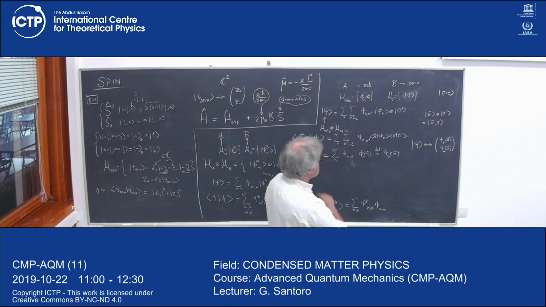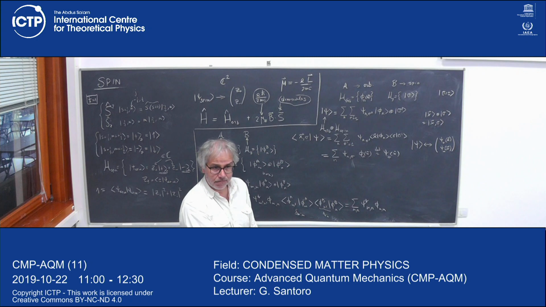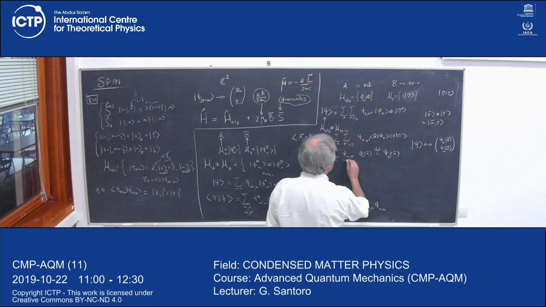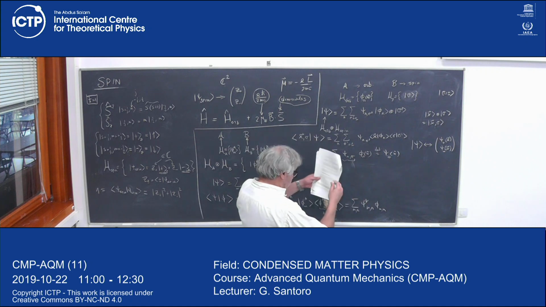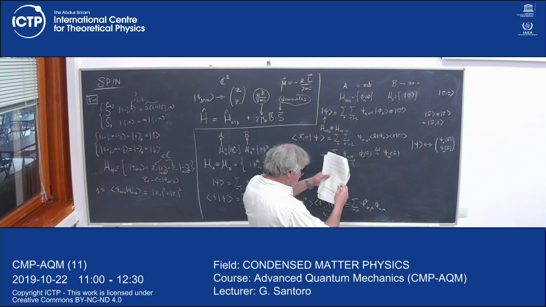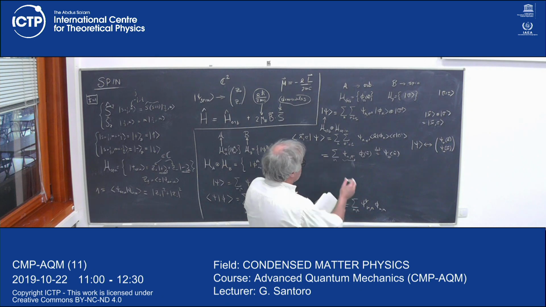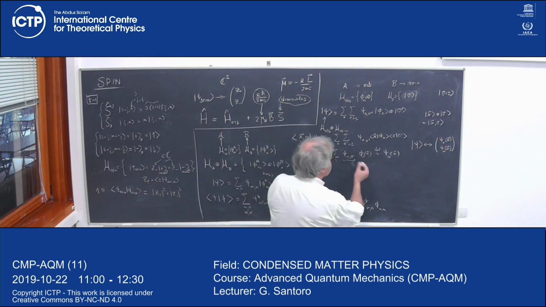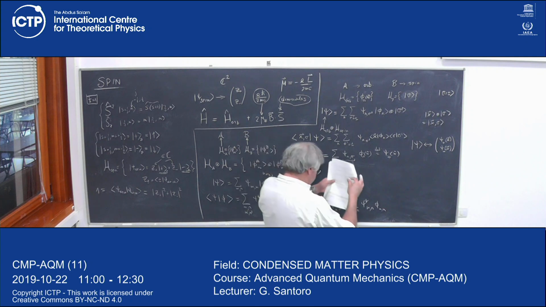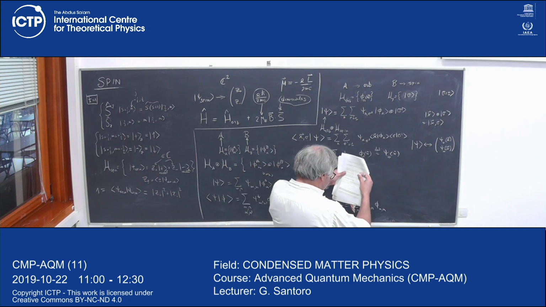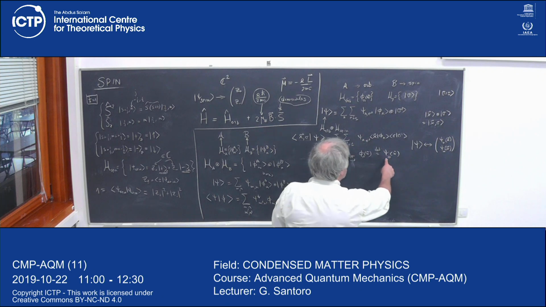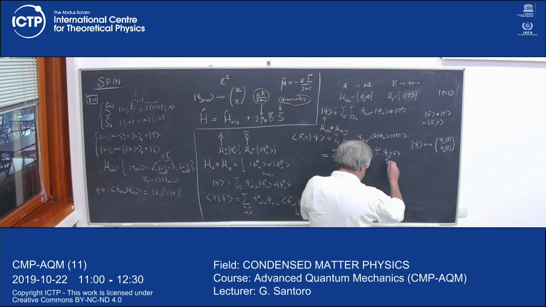Why? Because in general this coefficient here is not factorized. If it is factorized, suppose that this object was indeed the product of something for n and something for sigma, then you immediately realize that what comes out is that this object here is simply factorized into some z sigma times an orbital wave function.